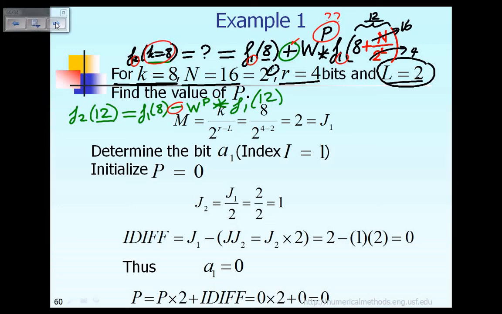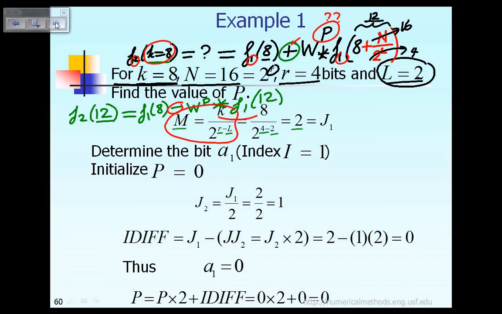Well, when k equal to 8, we can figure out the value for m based on the formula I told you earlier, k divided by 2 raised to the power r minus l. In this case, r is equal to 4 and l is level 2, and therefore the value m is equal to 2. So corresponding to k equal to 8, m equal to 2.